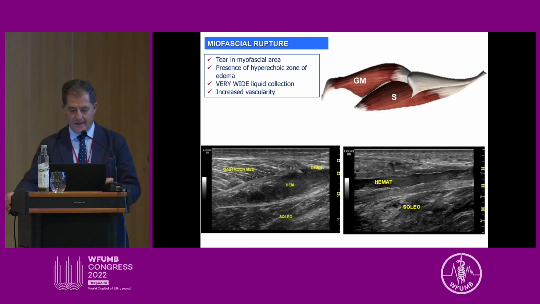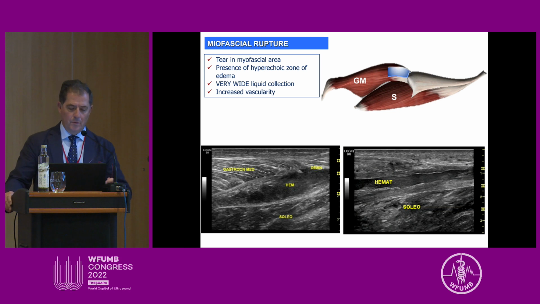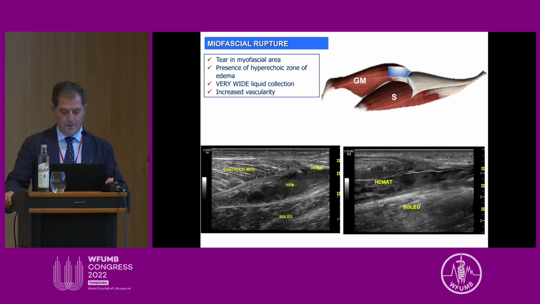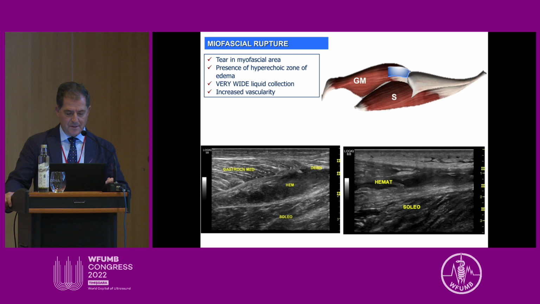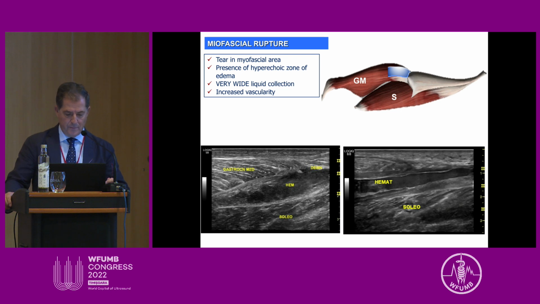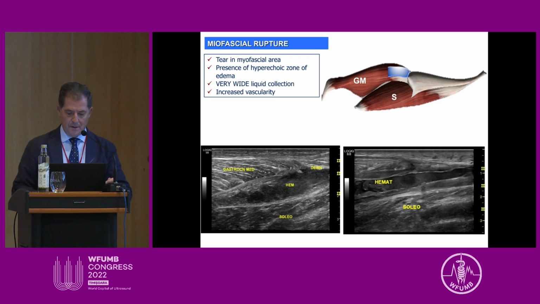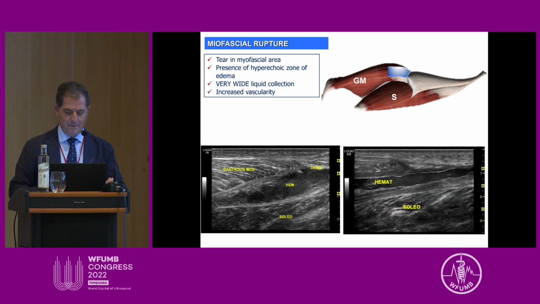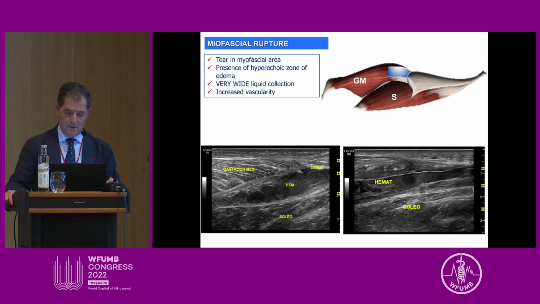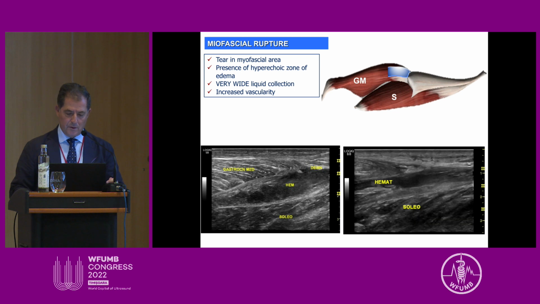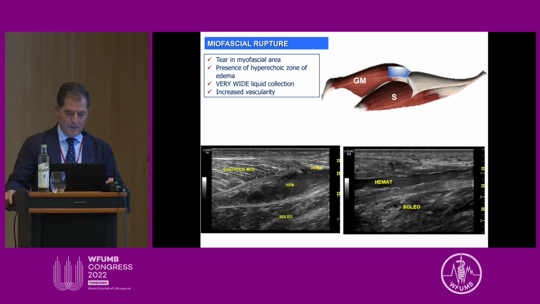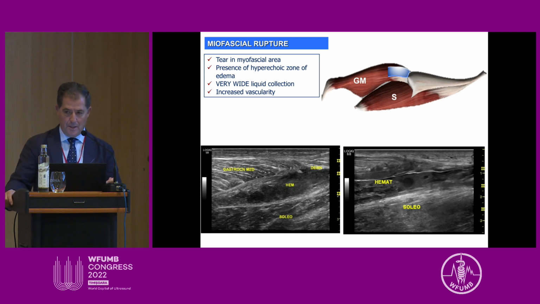With this schema, now we are viewing different injuries. This is a sample with the myofascial rupture. The tear is in the myofascial area, the distal part of the muscle, and the posterior aponeurosis is affected. Normally, the hematoma is very wide.